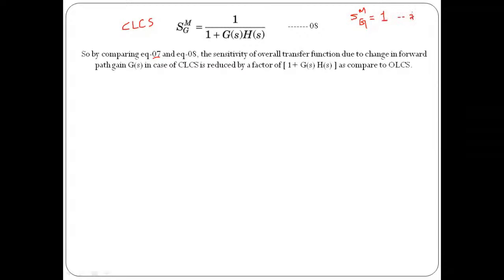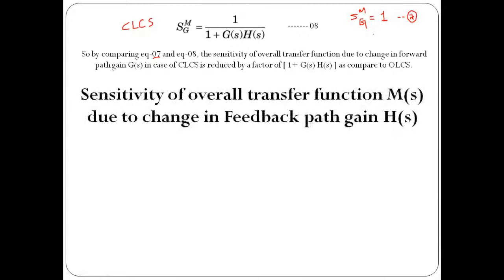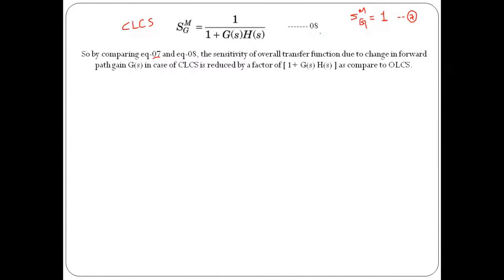So from equation number 7 and equation number 8, we conclude that the sensitivity in the case of a closed loop control system is reduced by a factor of 1 plus G(s) into H(s). We already concluded the same thing just 2 or 3 slides before.